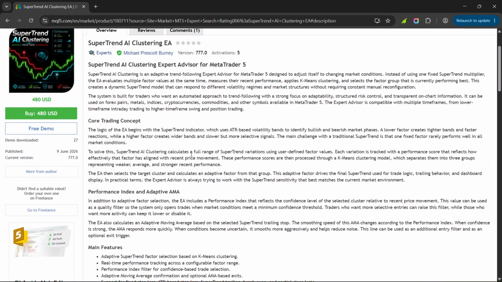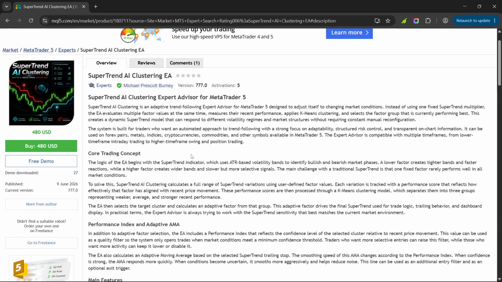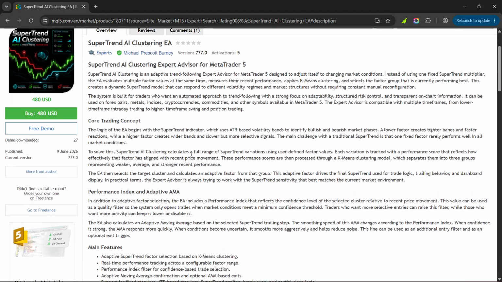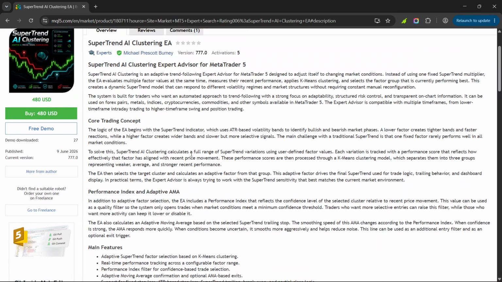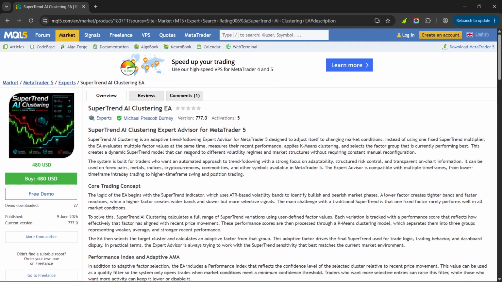Now, the core idea here, as we get back to the EA, is the classic SuperTrend indicator, the one that uses ATR to create those volatility bands for spotting bullish and bearish phases. Lower factors give you tighter bands and quicker signals, while higher ones are slower but more selective.